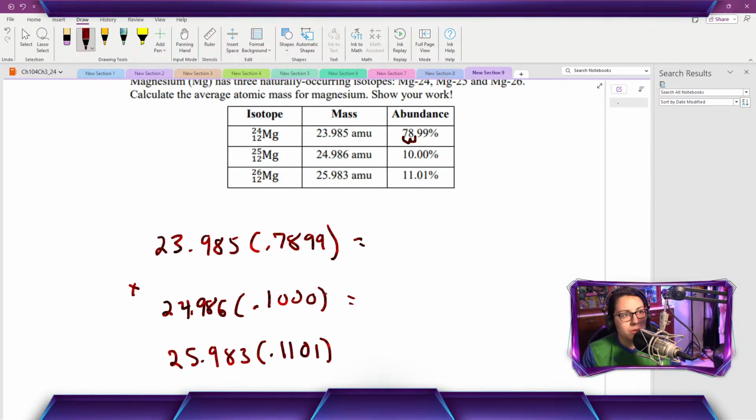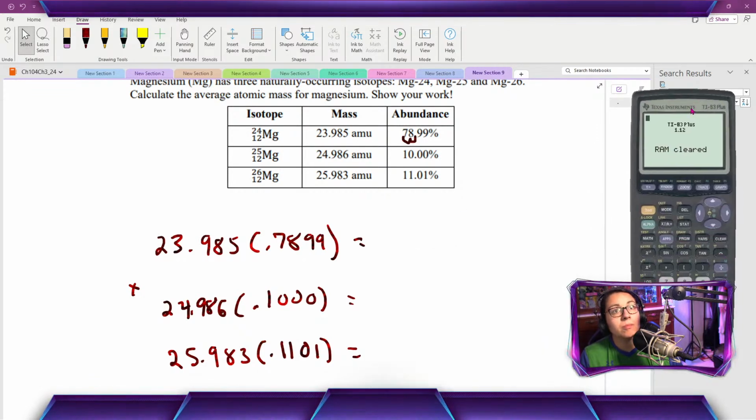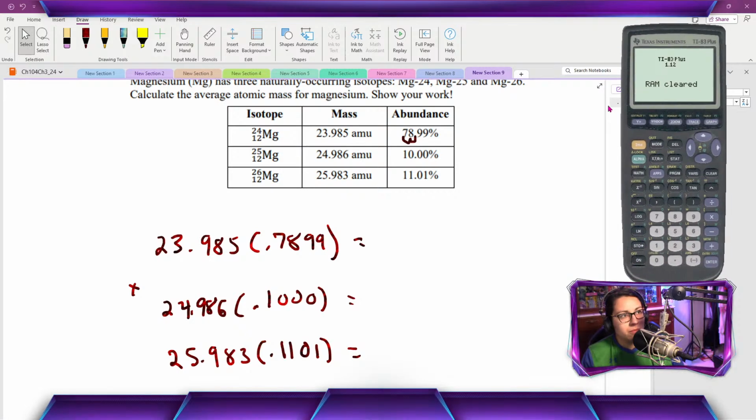All right, now we have our work set up, and let me pull out my calculator. We'll do our first multiplication: 23.985 times 0.7899.